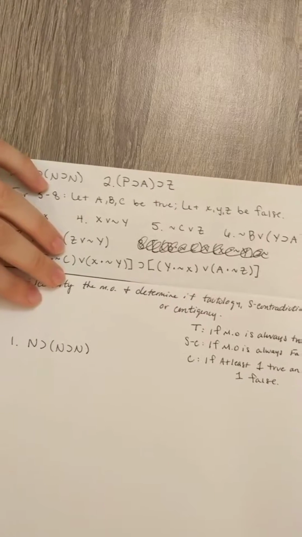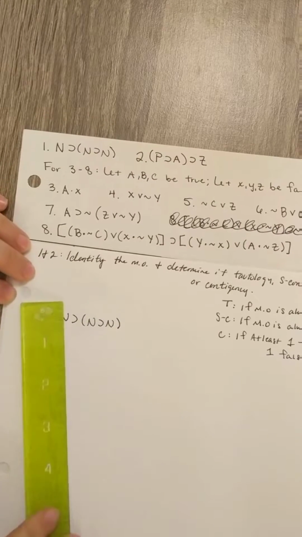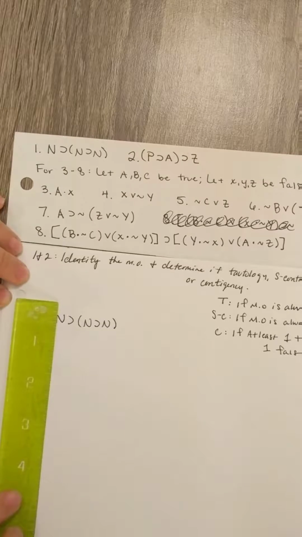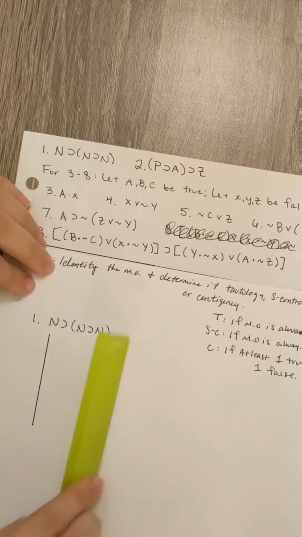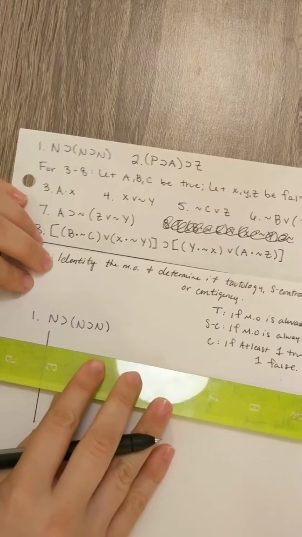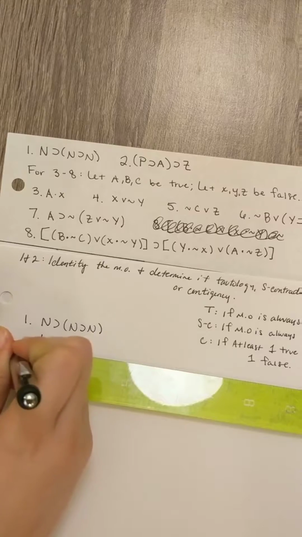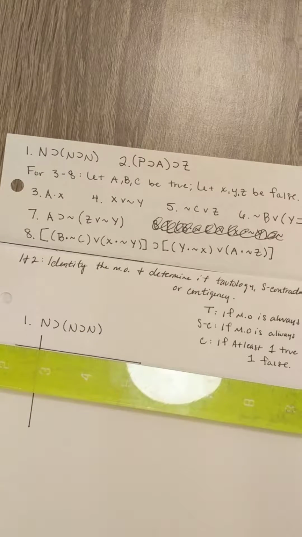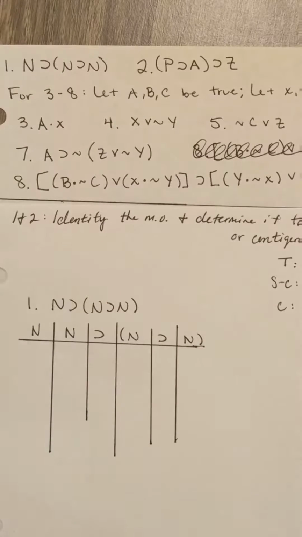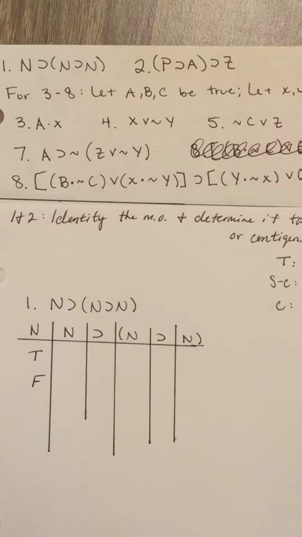I only have one statement to look at, so I only have two truth value options. So n can be either true or it's false.